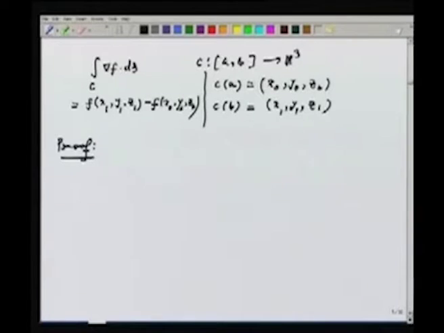What I do is I define a function h from [a,b] to R. It is given by the formula h(t) = f(c(t)).